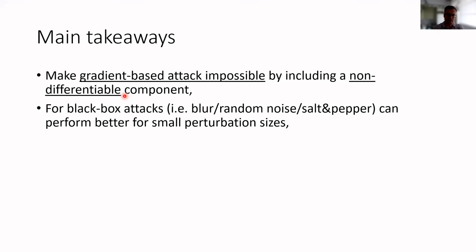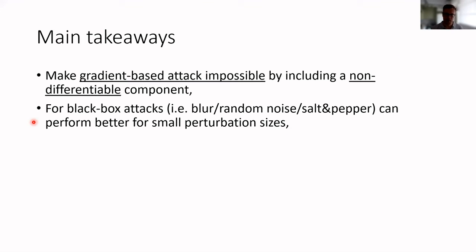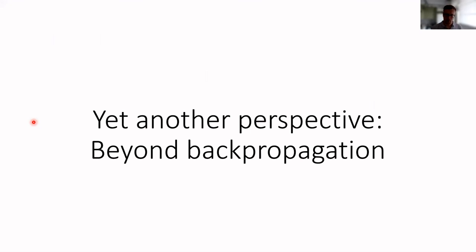But there are still black box attacks. You can blur, you can add some random noise, you can add salt and pepper noise. But still, for this type of attack, this example of an image classifier architecture works better than a pure neural network.